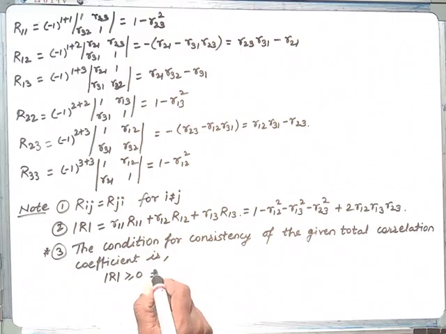Either 0 or positive, but it won't be negative. Then the data will be consistent for the given total correlation coefficients.